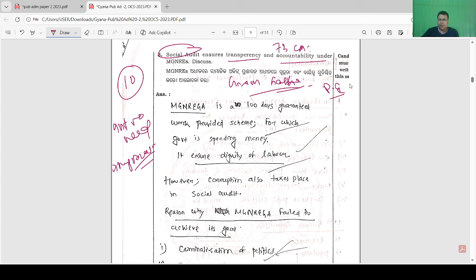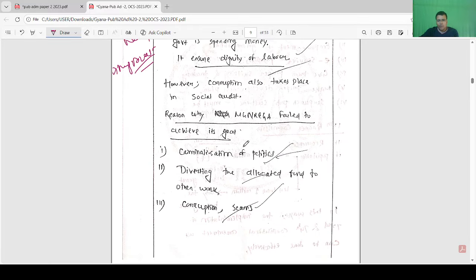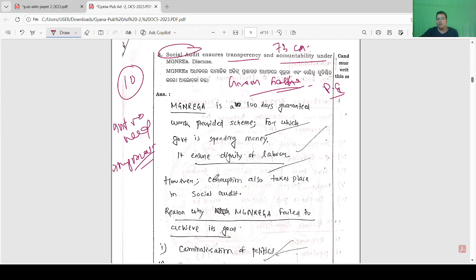So Gram Sabha conducts social audit and makes administration accountable for all the development work related to that village. He starts with MNREGA, yes, but not only MNREGA; now MNREGA becomes G Ram Ji.